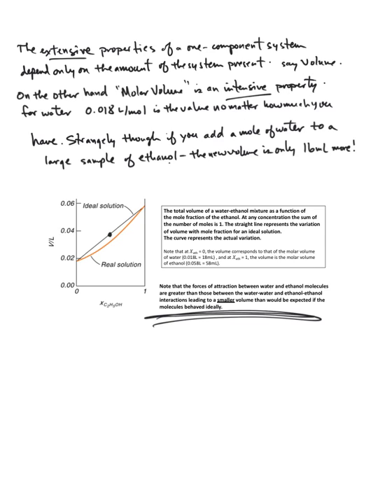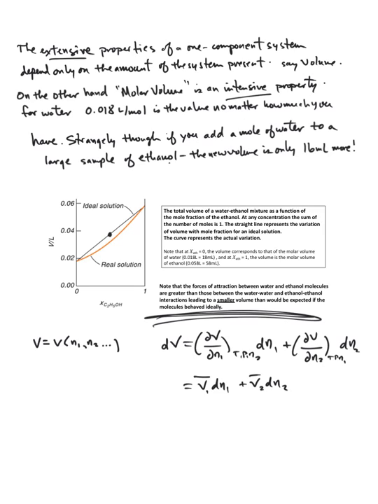So in a mathematical form, what we're going to say is that the volume of the solution is going to be dependent on how much of each component you have. So what we're saying is that the volume of this mixture is essentially the sum of the contribution from the two components. So that's what these two terms are.